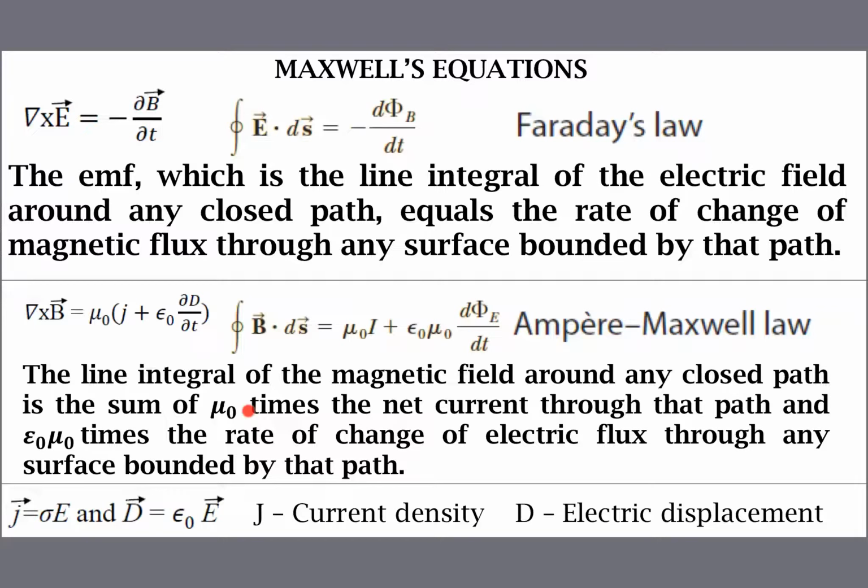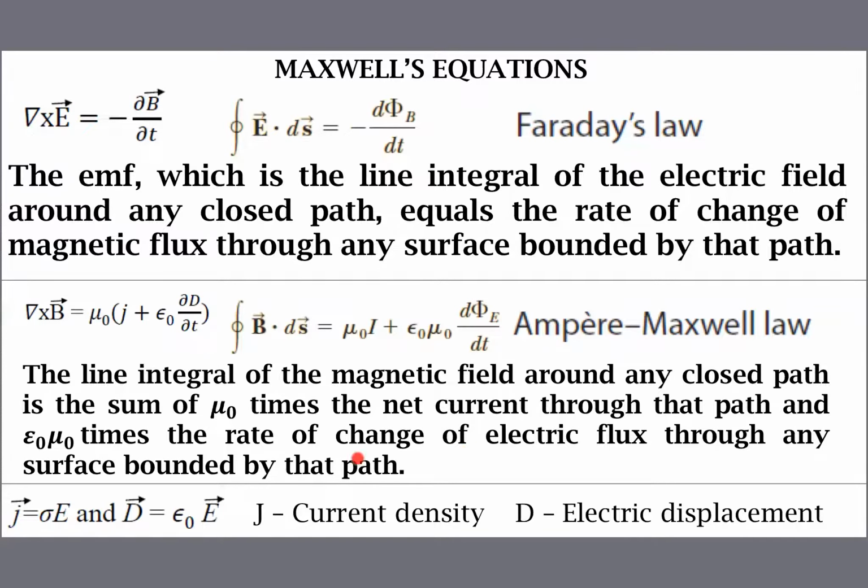Mu naught is the permeability of free space, just like we call epsilon naught the permittivity of free space. And we also have epsilon naught mu naught times the rate of change of electric flux through any surface bounded by that path.